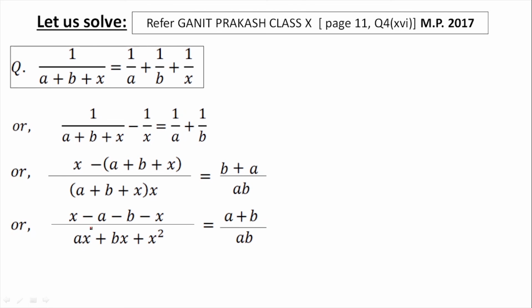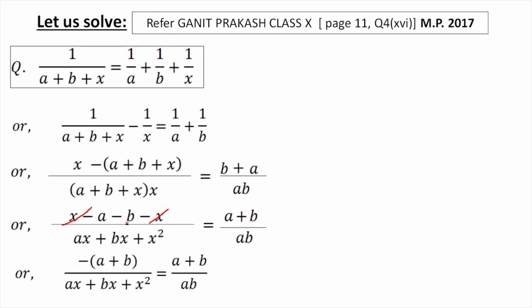Now I see I can cancel x and x because one is positive and the other is negative. In the remaining term, minus a minus b, minus is common, so I'll take out minus common, giving a plus b plus x. The remaining term ax plus bx plus x square is the same here, and a plus b and a into b are all the same.